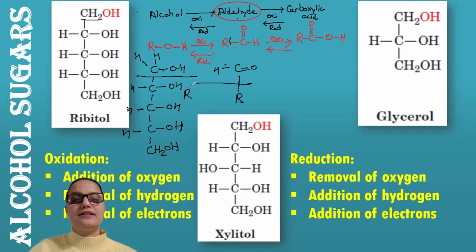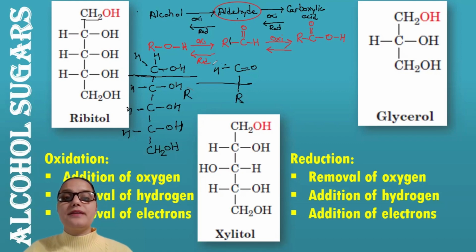So over here we can see there is oxygen and one hydrogen. Even after reduction, the carbon is associated with one oxygen. So one thing is very sure, there is no addition or removal of oxygen over here.